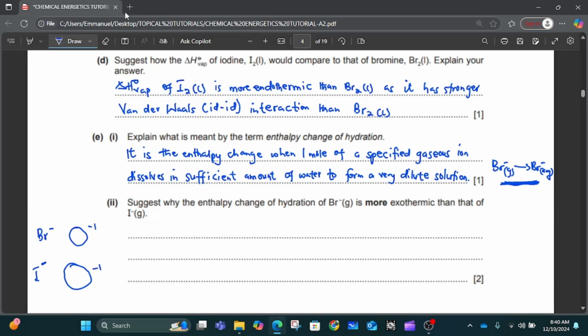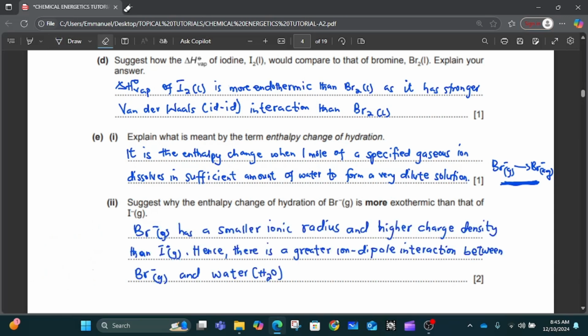Since bromide has a smaller size, the charge density is going to be higher on this smaller radius. But iodide has a bigger size, so the charge density is going to be much less on the iodine, which therefore means that the ion dipole interaction between the Br minus ion and water is going to be a stronger interaction, and so more exothermic than that of I minus.